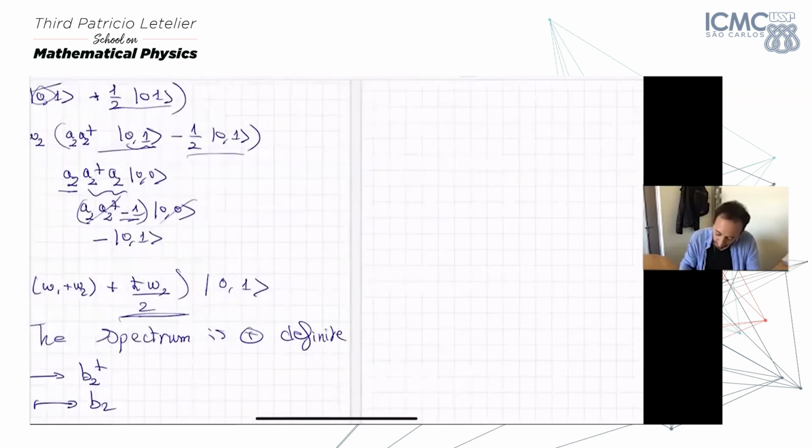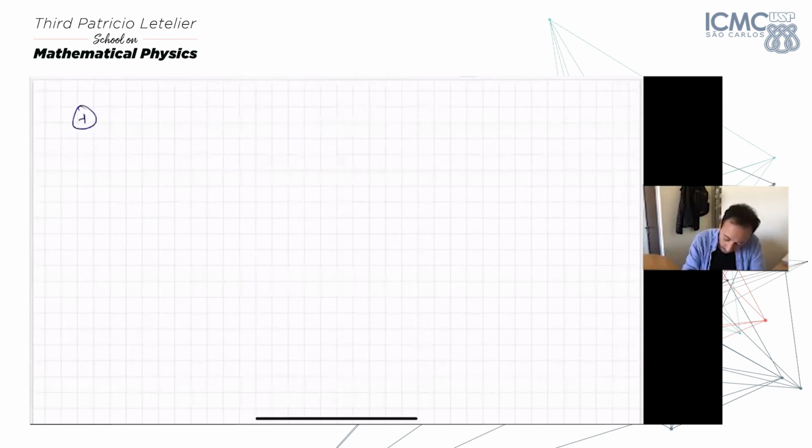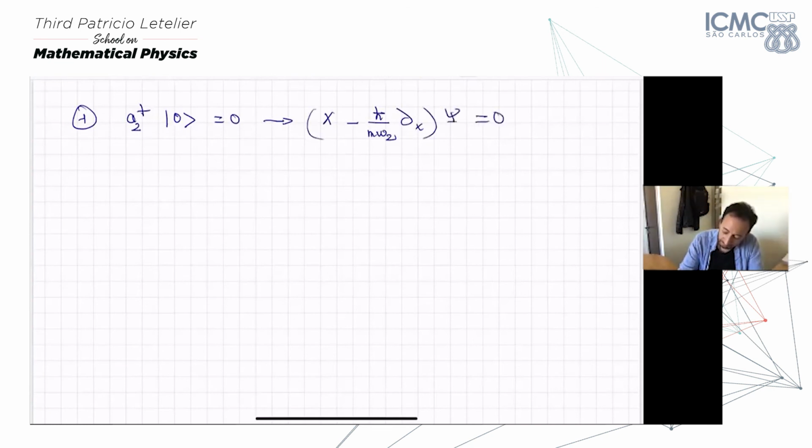First problem: we have a positive spectrum, but remember, I defined the vacuum in this way. So now we have to go back to what is A2 DAG. It's X, well, there is some coefficient, minus H bar over M omega 2, the derivative applied over psi equal to 0.